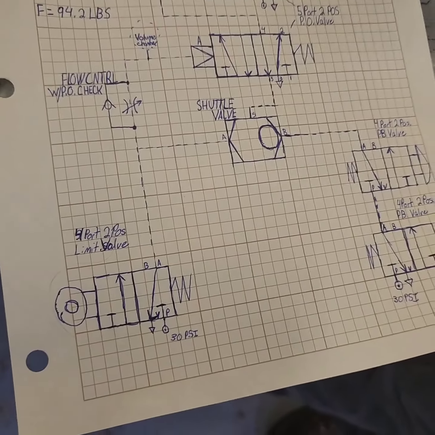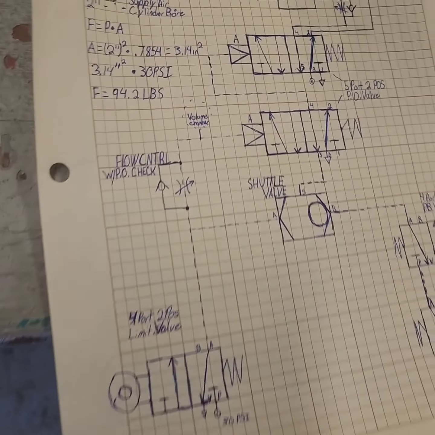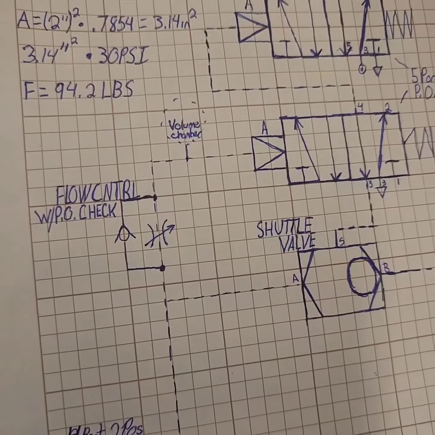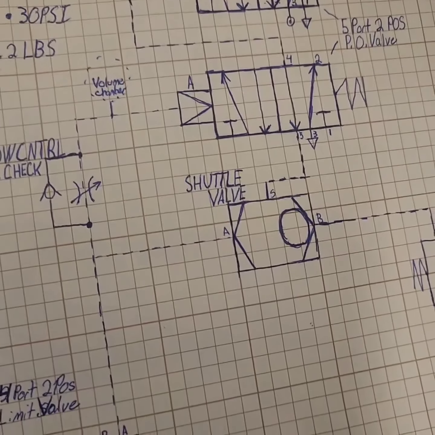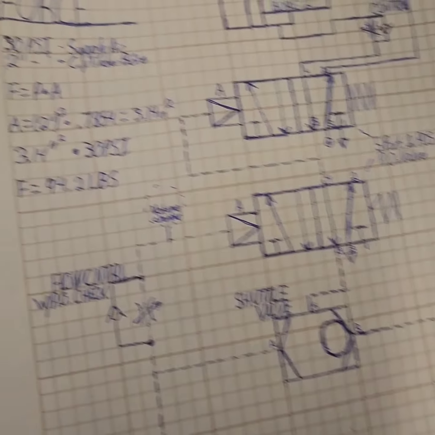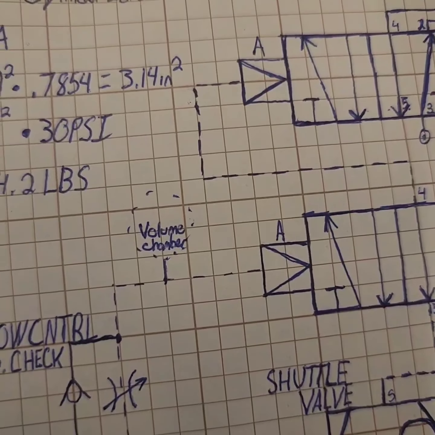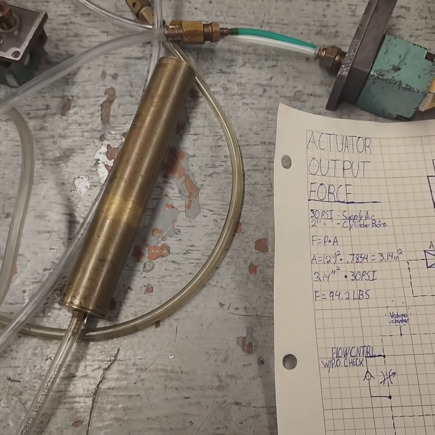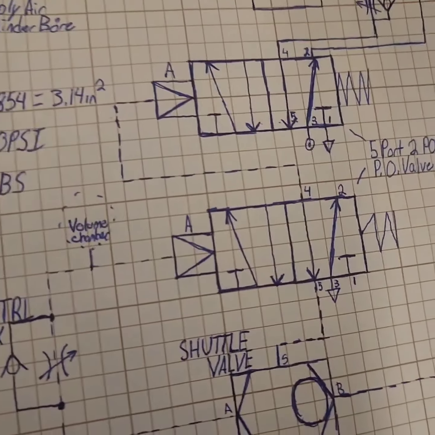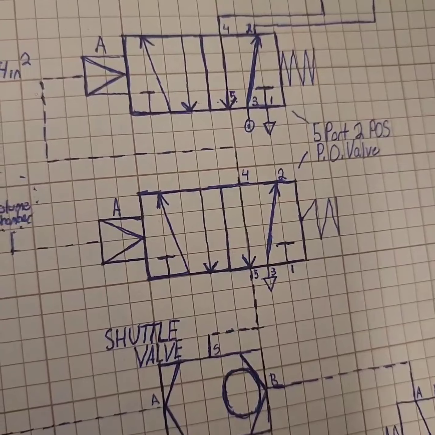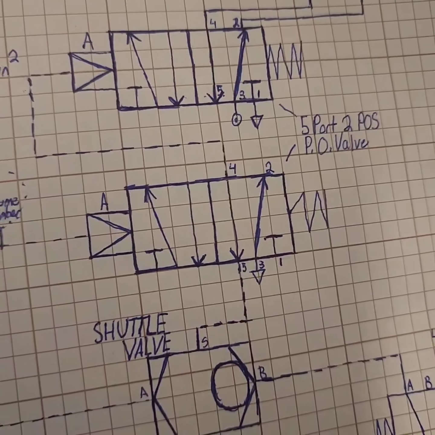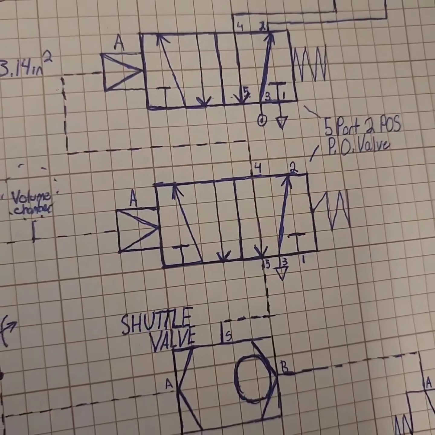So if you use the limit switch, it'll go through the flow control with the PO check, and that will actually bypass the shuttle and go fill up the volume chamber that we have there, and it will pilot operate that 5-port 2-position pilot operated valve.